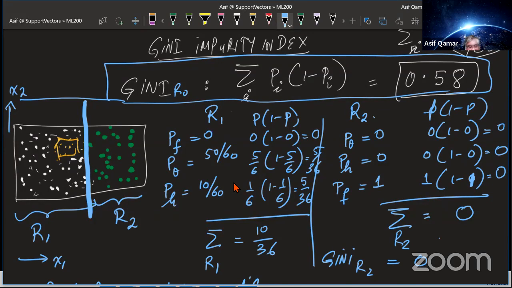As you can imagine, there are infinitely many cut points on x1 and infinitely many on x2. Theoretically speaking, we are doing all of those cuts and finding which cut point gives us the maximum information gain, right?